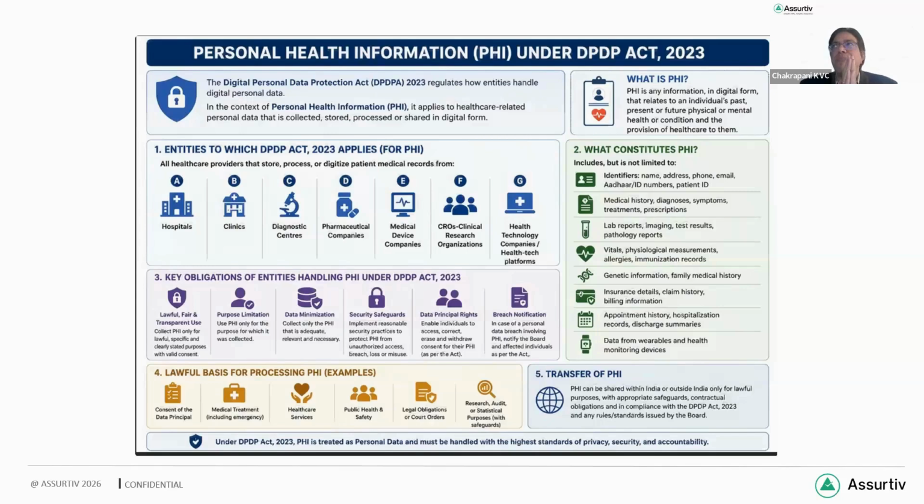So here data means again personal data, which is under our PII, which we have seen earlier, 30 types of data. So every detail is highly valuable and highly risky.